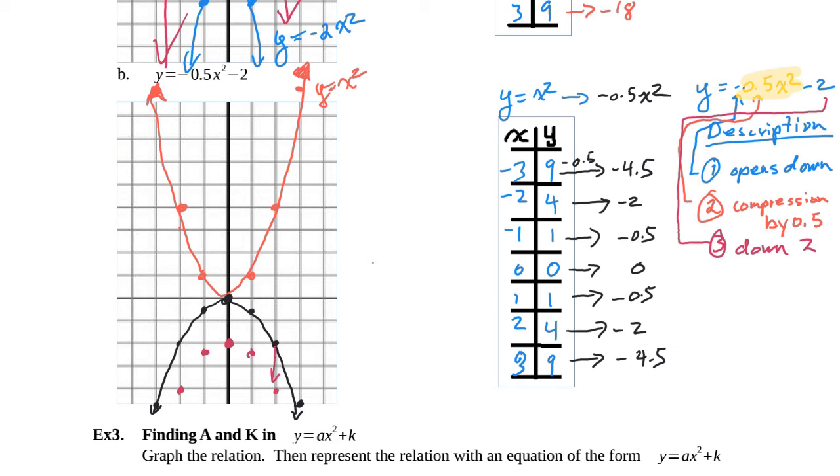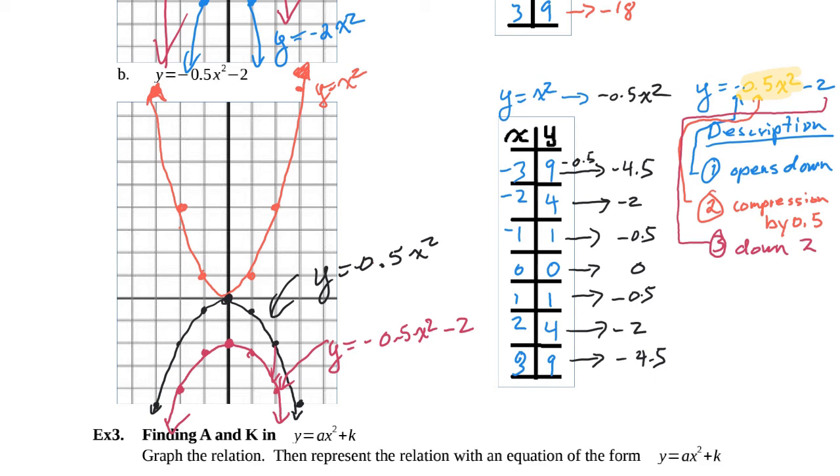And now we graph our final thing. And there is our final graph. Y is equal to negative 0.5 x squared minus 2. And I guess this black one was y is equal to negative 0.5 x squared. All right, and we're done.